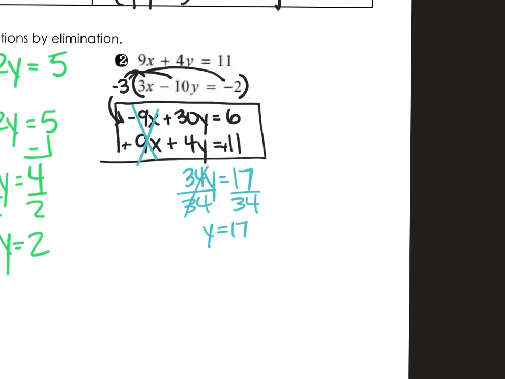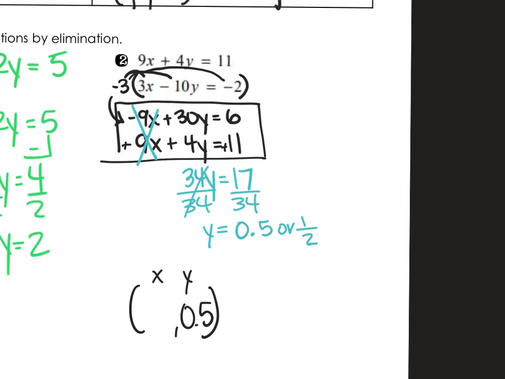Sorry, I'm saying what I'm writing. 17 divided by 34 comes out to 0.5 or 1/2. It seems like usually we end up solving for x first, but in this case it was y. So just make sure in your ordered pair that the y goes second.